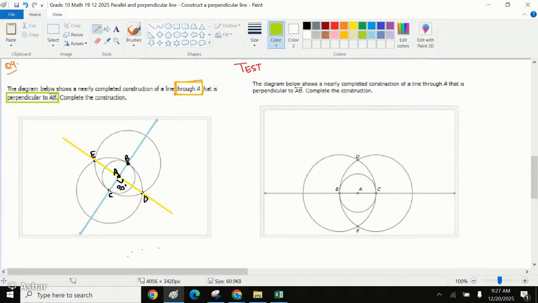See, the passing through point is very important for us. We need to see where the perpendicular line would be passing through. It says it is passing through the point A. So for us, we need to see where point A is. It has to pass through this point A, and we need to see that it is perpendicular to the line AB.